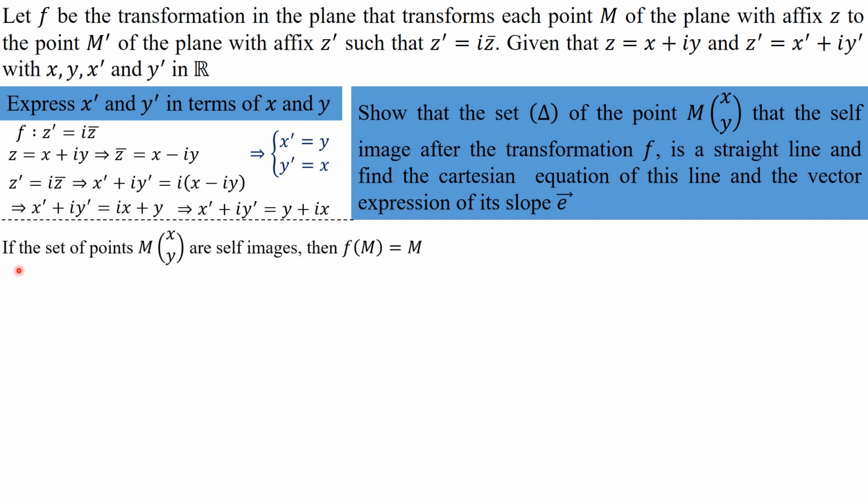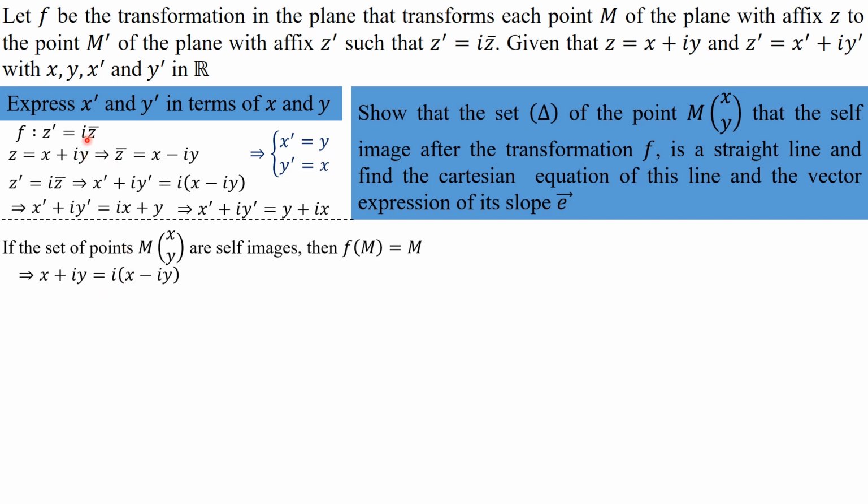Okay, so if the set of points M are self images, then f of M is equal to M, meaning that if I input M in my transformation, I'm also going to yield back M. So inputting all points M, the result will give us M. Those points are called the invariant points, and the line we are going to find is going to be called the invariant line.